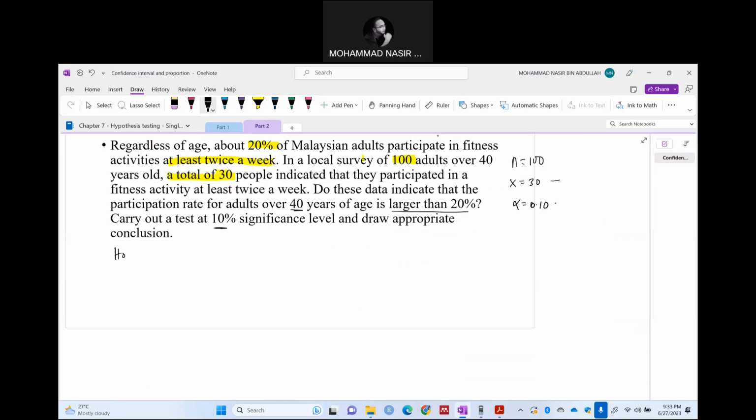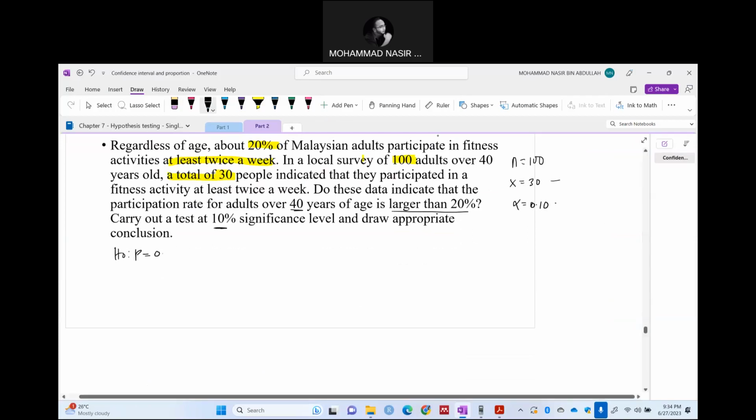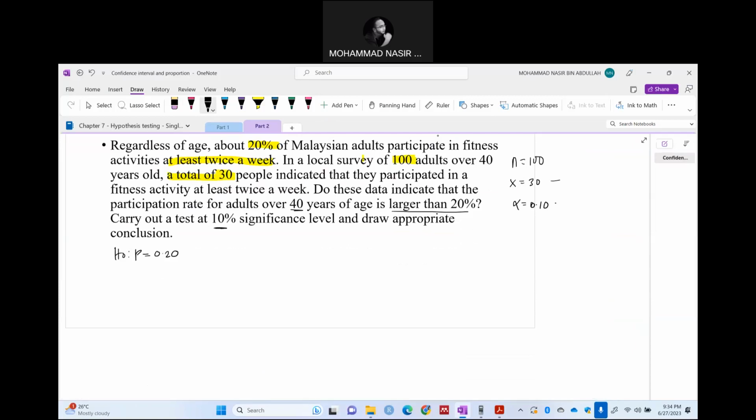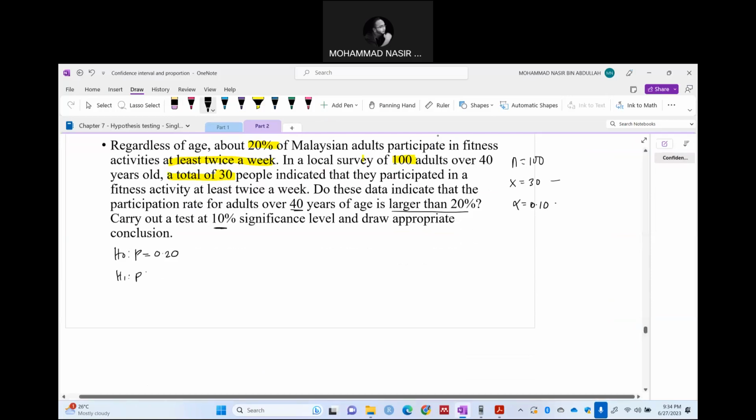The hypothesis in this case is not mu. This is a proportion case, right? So the null hypothesis is P equal to 0.20, which is 20%. We want to measure the proportion at 20%. And the alternative hypothesis is P more than 0.20.